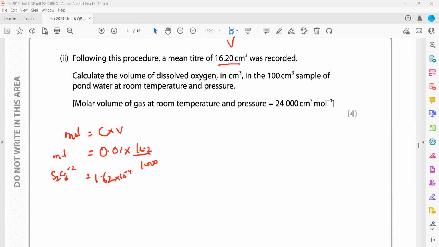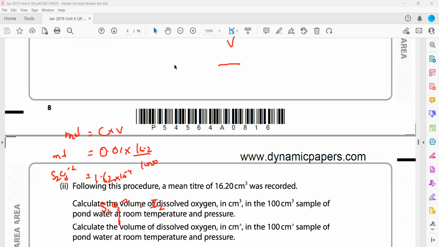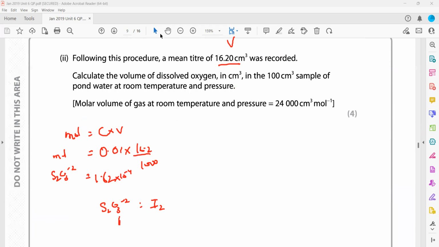Then we'll take a ratio between thiosulfate and iodine molecule. When you check the overall equation, the ratio is 2 is to 1. So if the ratio is 2 is to 1, like 2 moles will be 1. So if we have 1.62 × 10⁻⁴, this will be x.